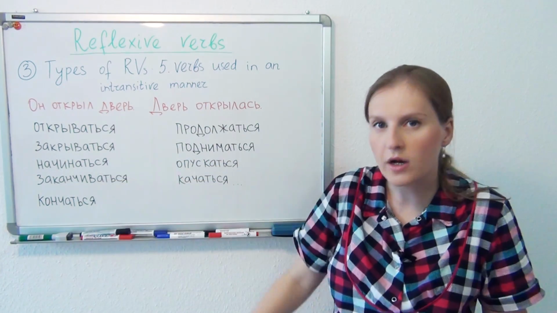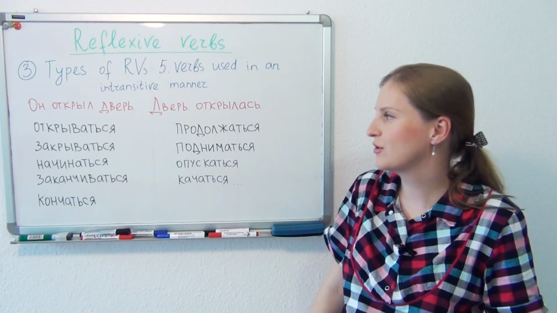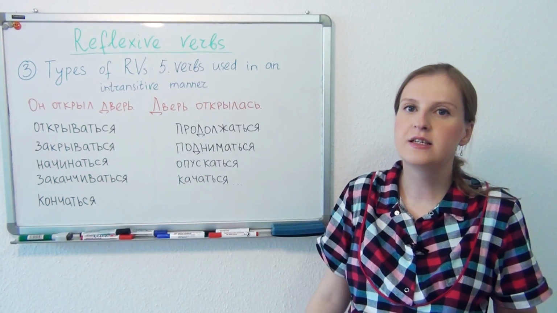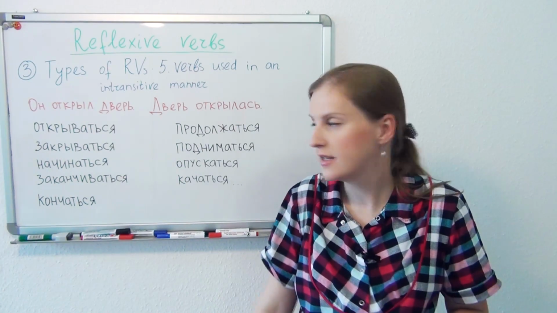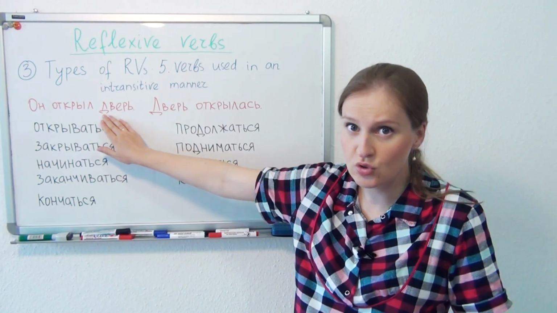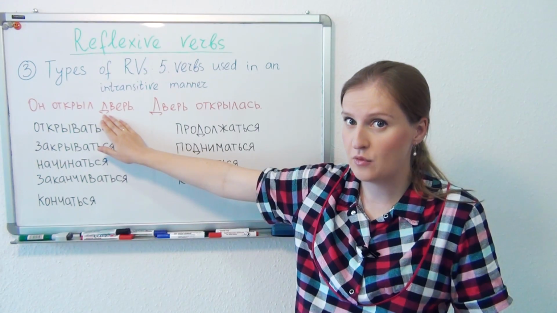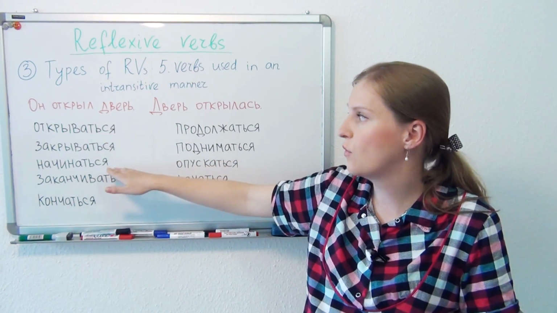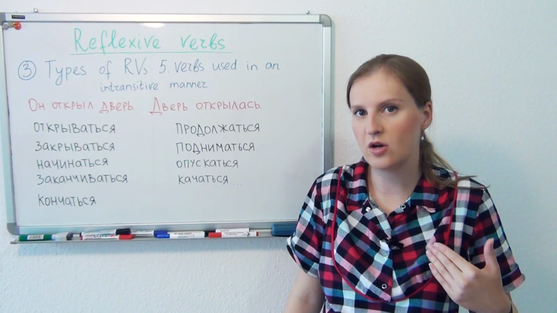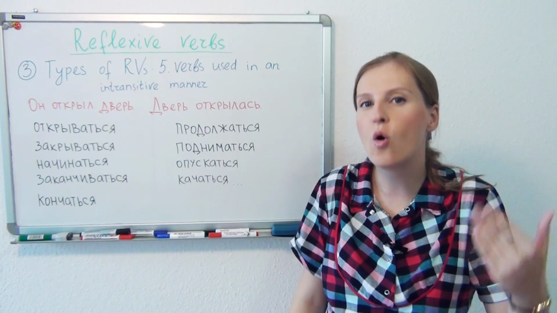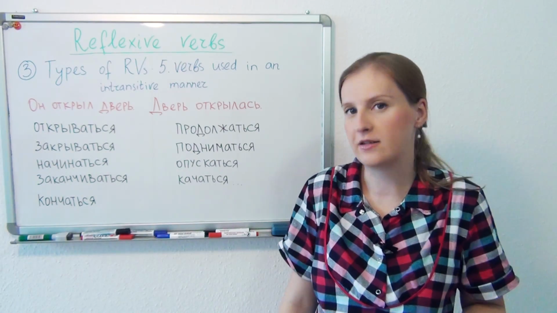Закрывать. What to close. Что закрывать? Начинать. What to begin, and so on. So we need an object after the usual forms, not reflexive forms. But when we use the reflexive forms, we don't say what we open or what we close. Something usually opens or closes itself.